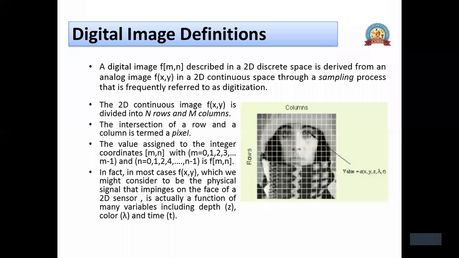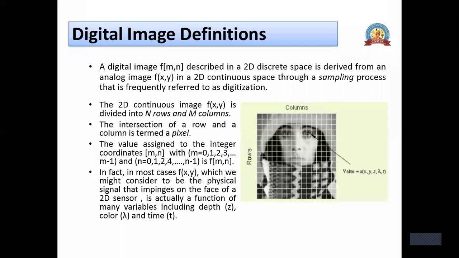We are not having a time domain signal here, but time is listed because if you consider a moving object like a car moving on a road, then for each particular time the image will keep on changing until the car goes, right? So as the car is going, the image is changing. That's why we also require the time here.